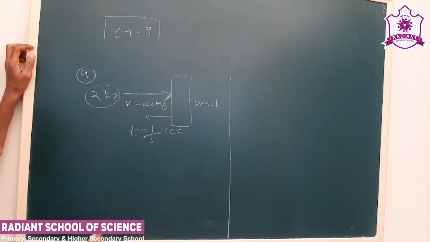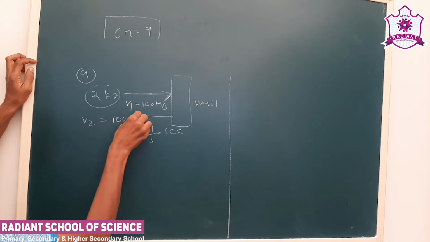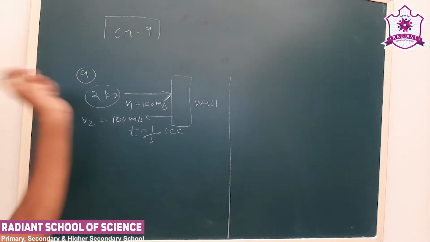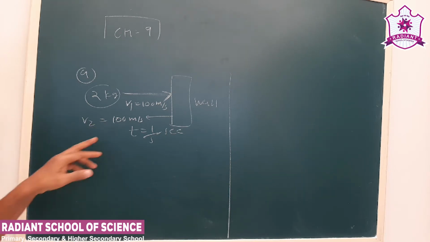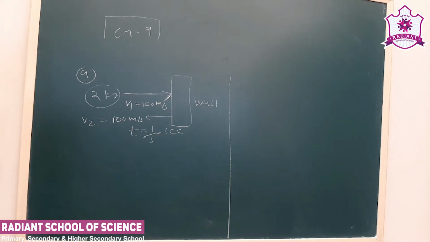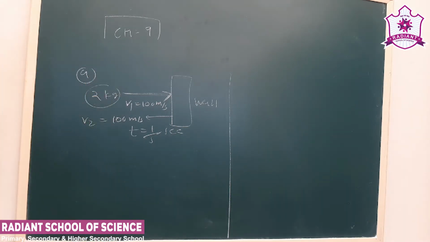This is the velocity with which it collides, that is v1. v2 is also the same, that is given to us. See, it is thrown on a wall like this and comes back with the same speed. The time of contact is given as 1/5 second. Mass is 2 kg. We have to calculate the force.